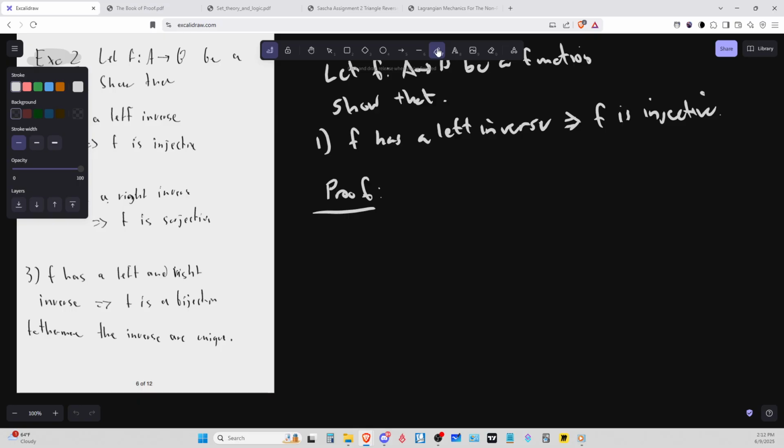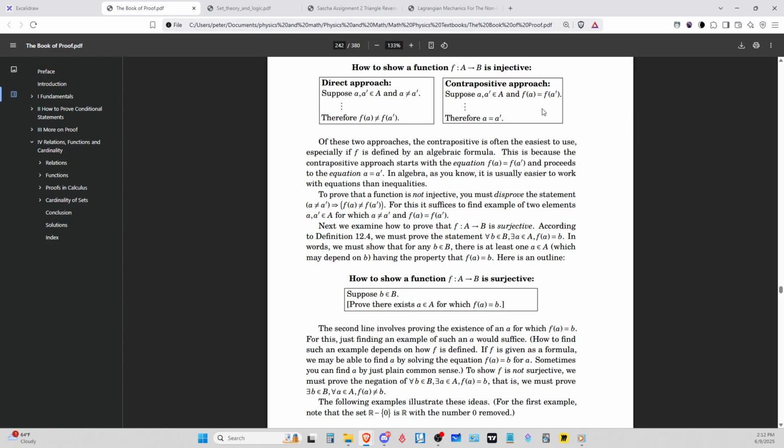Okay, so according to this, let A and A prime be elements of A, and f of A is equal to f of A prime. I think that's what they showed in the example, right? And we have to prove that therefore A is equal to A prime.